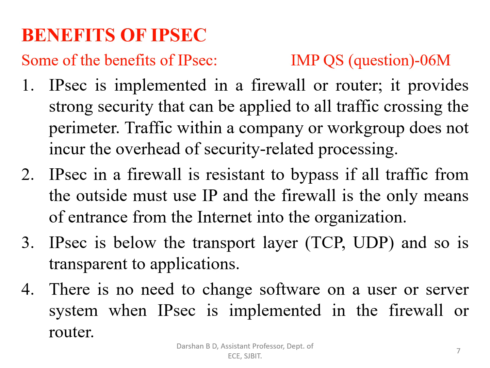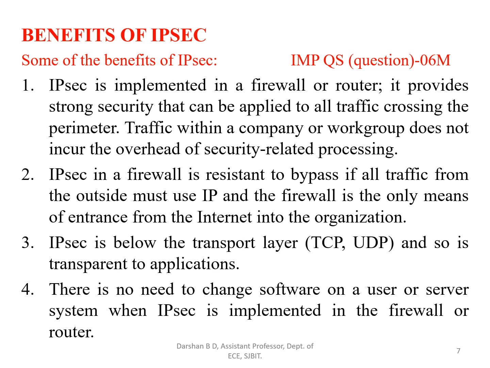Benefits of IP security. The first one is that IP security implemented in the firewall or router provides strong security that can be applied to all traffic crossing the perimeter. Traffic within a company or work group does not incur the overhead of security related processing.